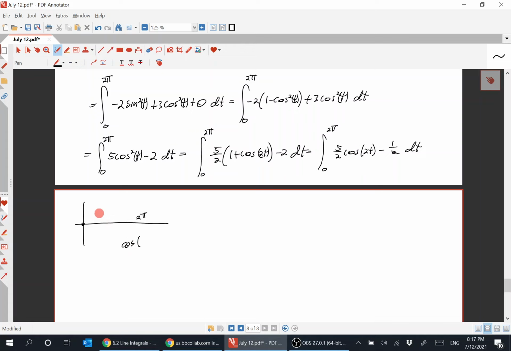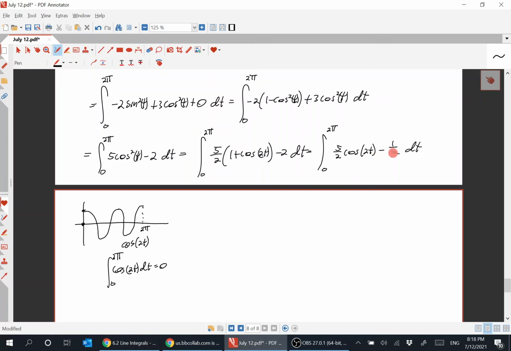Oops, I'm sorry, that's not it. It's 2 full wiggles of the cosine curve, right? So the integral is 0, right? So the integral from 0 to 2 pi of cosine 2t, it's easier when you look at sine, actually, is 0.